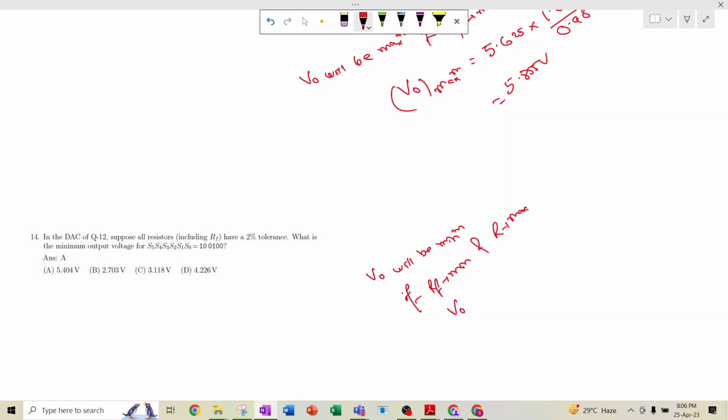So this VO minimum voltage will be 5.625 into 0.98 divided by 1.02. The correct answer is 5.404. So the correct option will be option A.